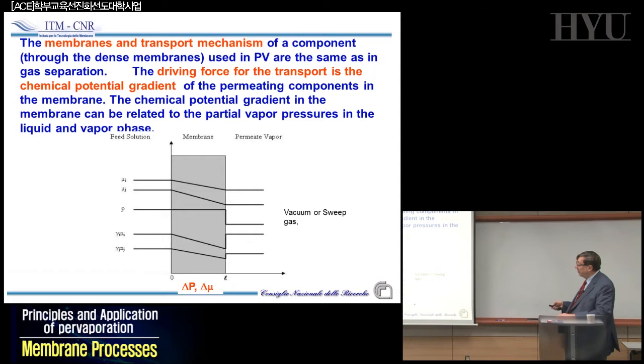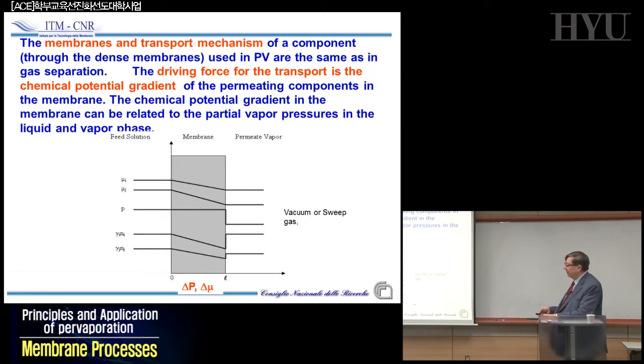On the permeate side, to create the vapor pressure gradient, you can make a vacuum or use a sweep gas. Normally in pervaporation you use a vacuum pump. You can stay at atmospheric pressure on the feed side, but create a gradient by making a vacuum downstream, or by using a sweep gas that continuously removes the permeate. That creates the driving force in your system.